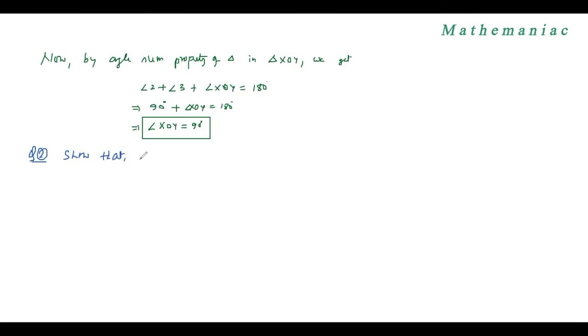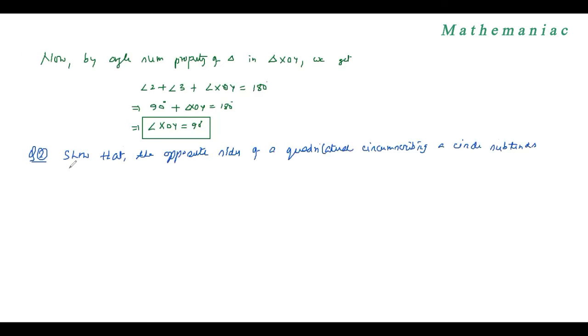So that the opposite sides of a quadrilateral circumscribing a circle subtend supplementary angles at the center of the circle.